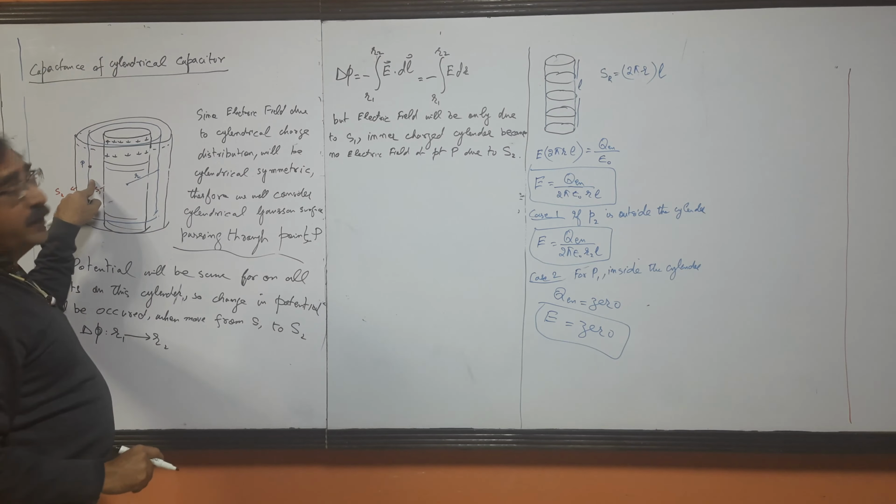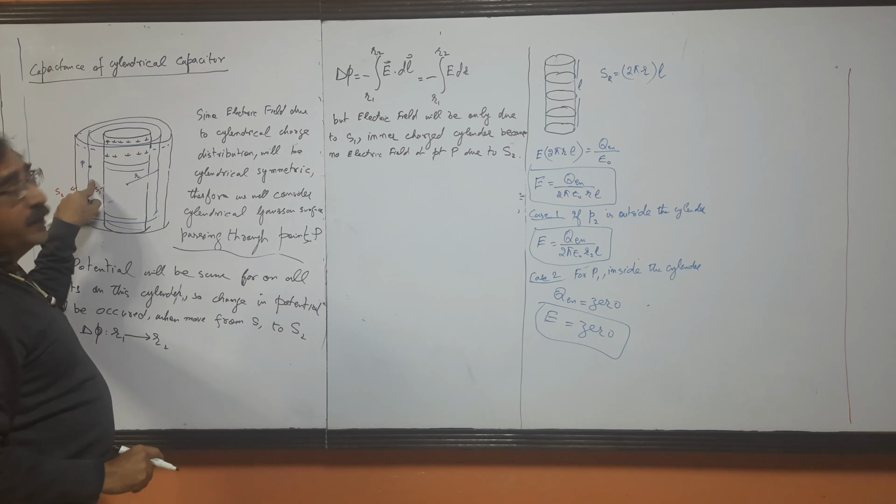So E will be Q over 2 pi epsilon naught R L, where Q is the charge on the inner shell, okay.